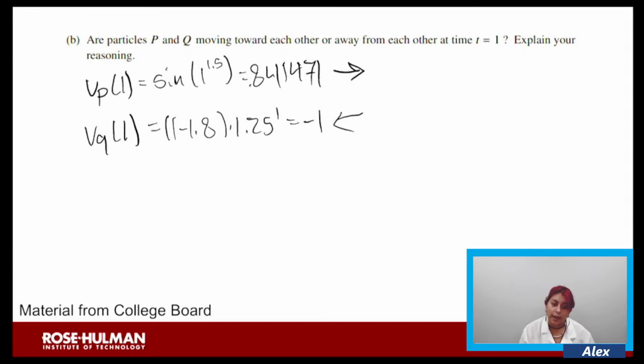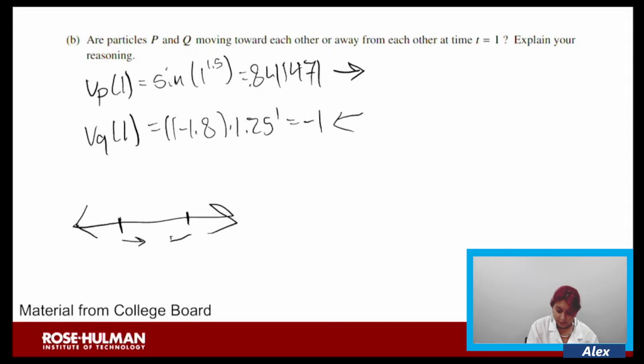Well, you also have to consider the positions at time equals 1, because if this is the x-axis, if P is over here and Q is over here, P is moving to the right and Q is moving to the left, then they are moving towards each other.